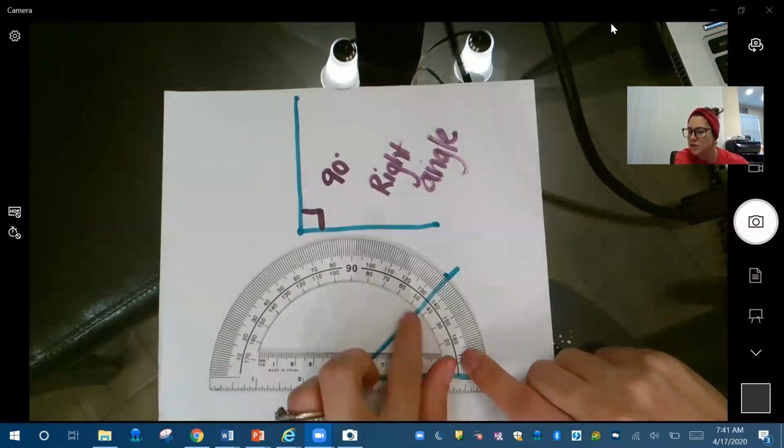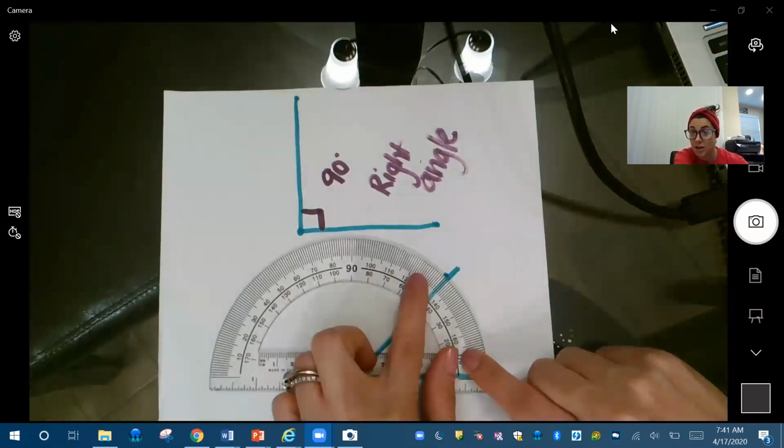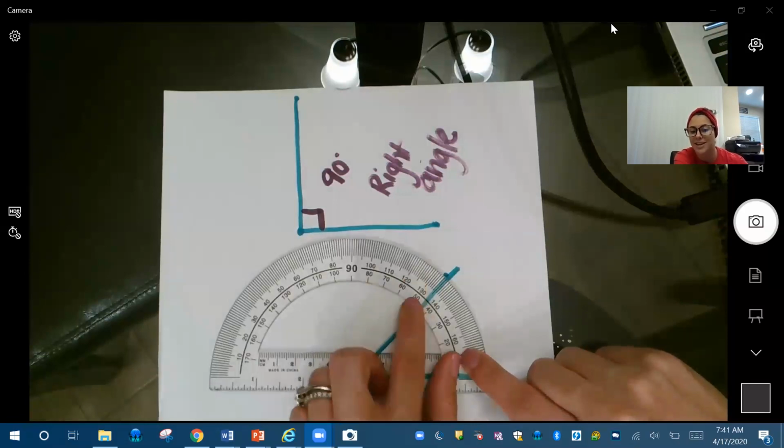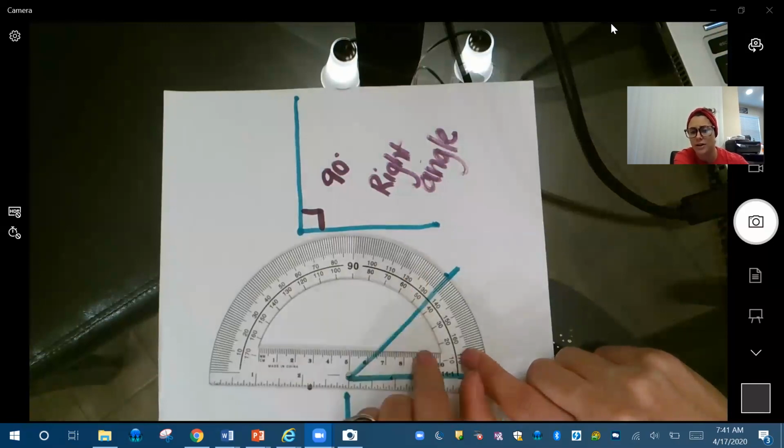So am I going to use the numbers that are larger than 90 degrees, or am I going to use the numbers that are smaller than 90 degrees? I'm going to use the numbers that are less than 90 degrees, because I know this is an acute angle, and to measure it that large wouldn't make sense. So I'm going to go ahead and read, and I see it falls between 40 and 50. So now I'm going to use these tiny little lines. You see them?